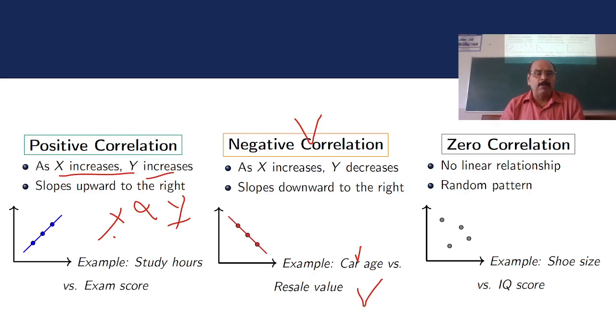Negative correlation means x is inversely proportional to y. That means if x is increasing, y is decreasing. As x increases, y decreases.